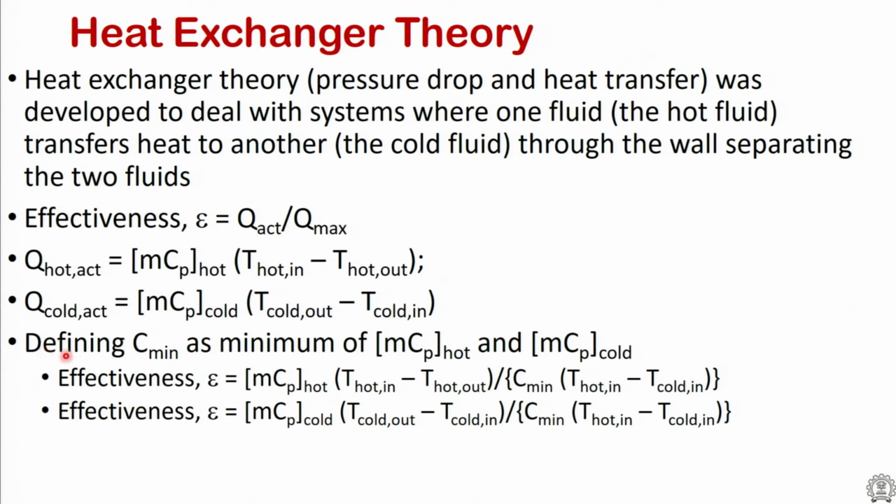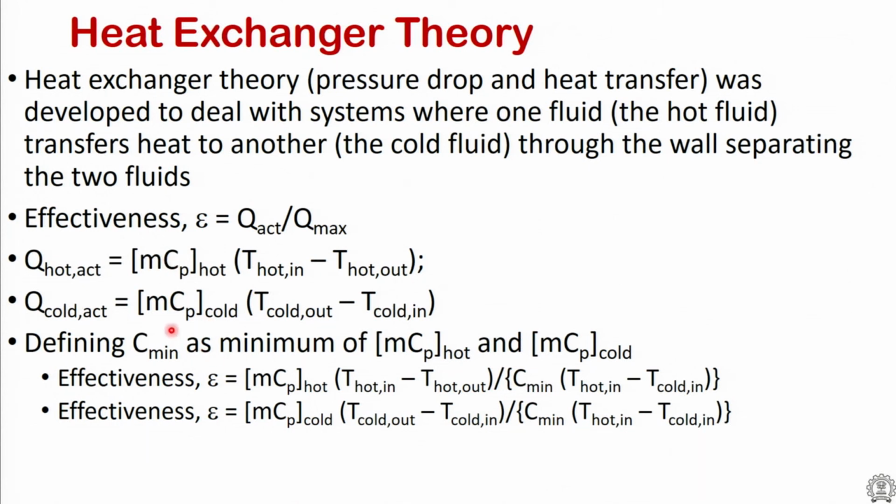Now, we know from heat exchanger theory that for obtaining the maximum possible heat transfer, one has to use the minimum between the two streams, that is the MCp hot versus MCp cold, the caloric conductance of the two streams. The minimum is the governing parameter.